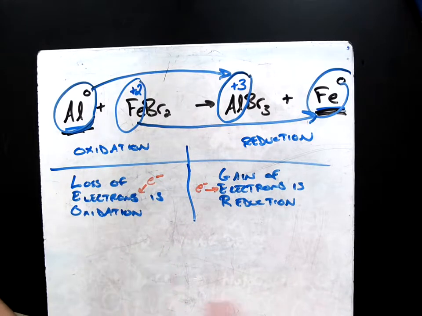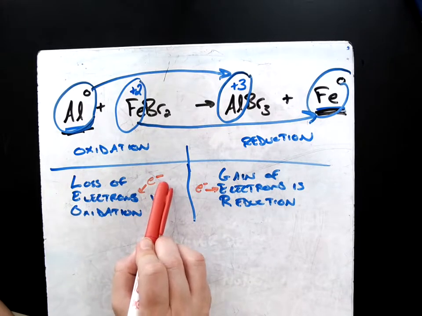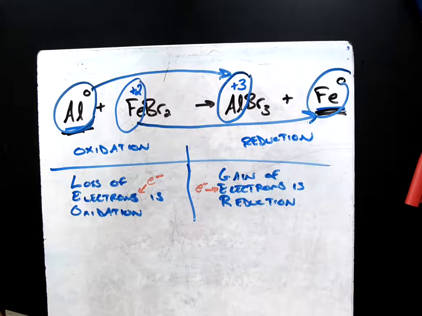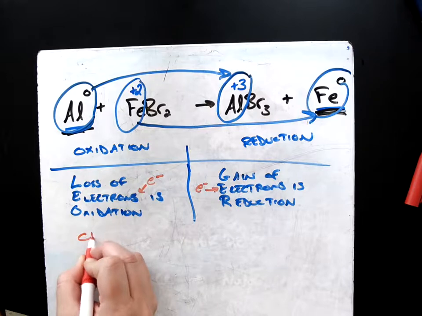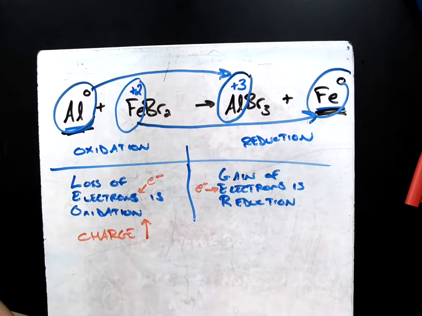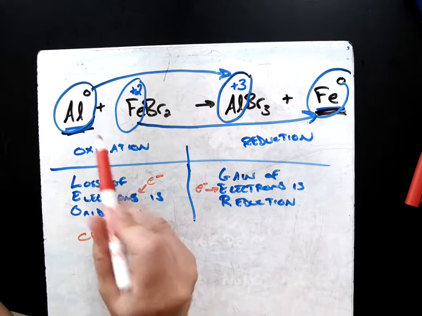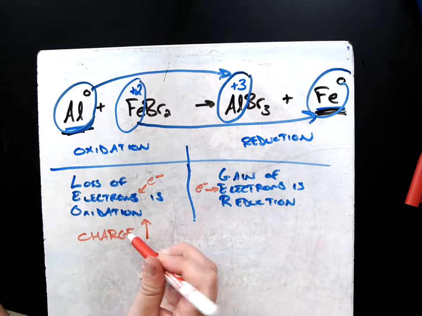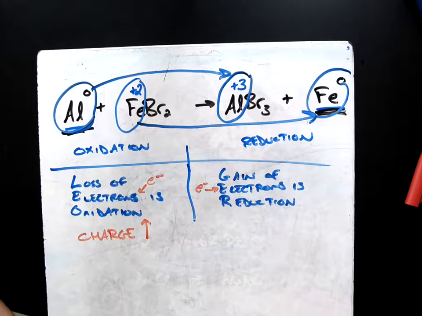So, tell me what happens with your charge. If you lose these negative electrons, you're losing garbage, you're losing negative things, don't you feel better? The charge should go up, usually from 0 up to a positive charge. But it could be any increase in charge. It could be a +2 up to a +4.